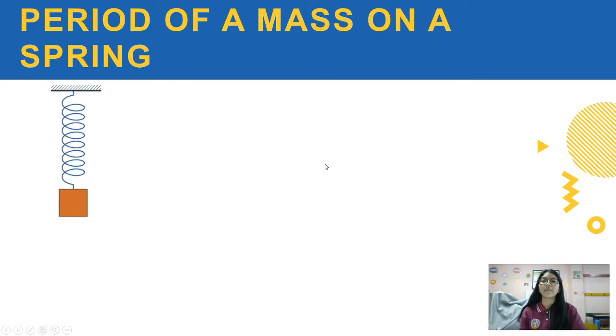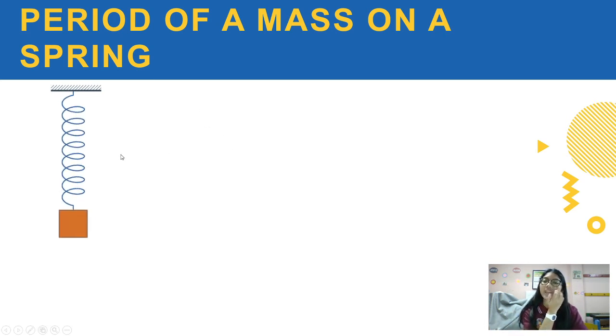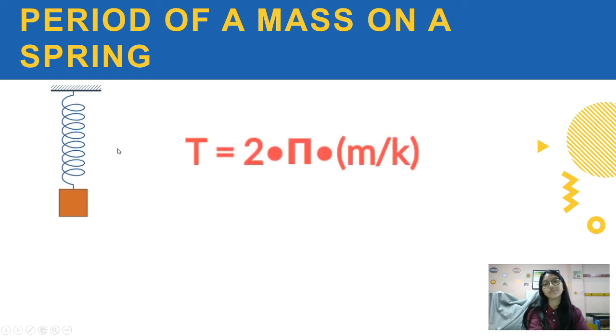Okay, the last topic is the period of a mass on a spring. Not all springs are created the same, and not all spring systems are created equal. Here we can find the quantity with the period.